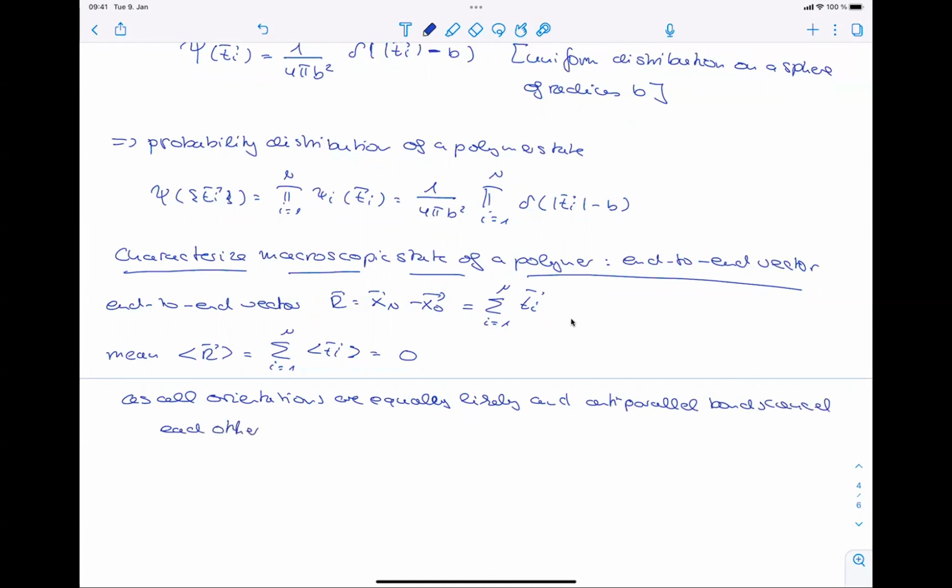So if I have a bond in this direction and an opposing bond, they cancel. And so statistically, the mean of the end-to-end distance is 0. But we can actually measure the size of the kind of coil that your headphone cord ends up in by the second moment.